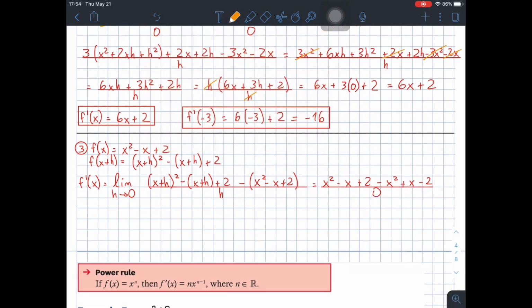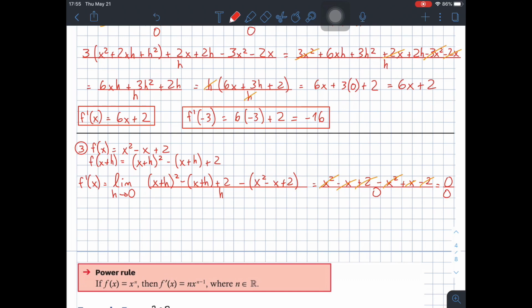So we see that on the numerator, once again, all of the terms are getting simplified. So this is equal to 0 over 0, which is an indetermination which we need to solve. So to solve this, once again, we're going to expand all of this and see what factoring we can later do.